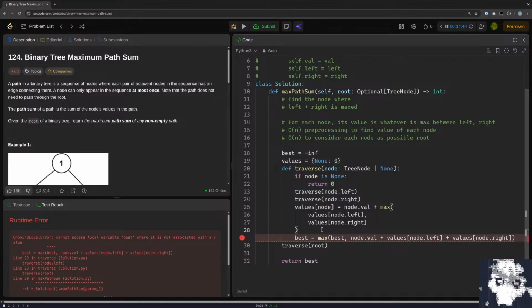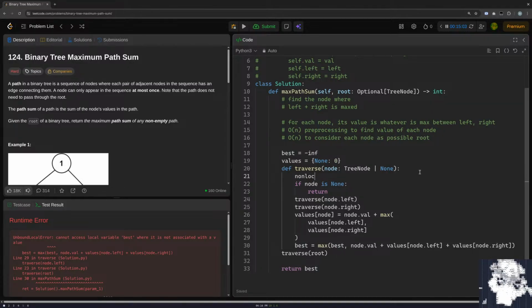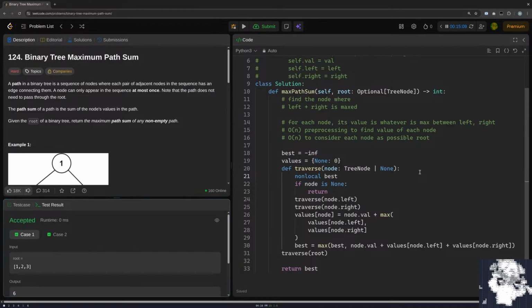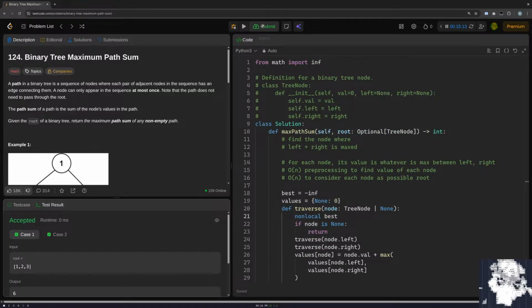I'm also forgetting to return. What am I returning here? I don't need to return anything. I'm just traversing, so just return. Yeah, best is defined out here, and I'm doing some shenanigans. I think you have to do nonlocal best for it to take the value from outside the scope. There it is. Let's submit it.